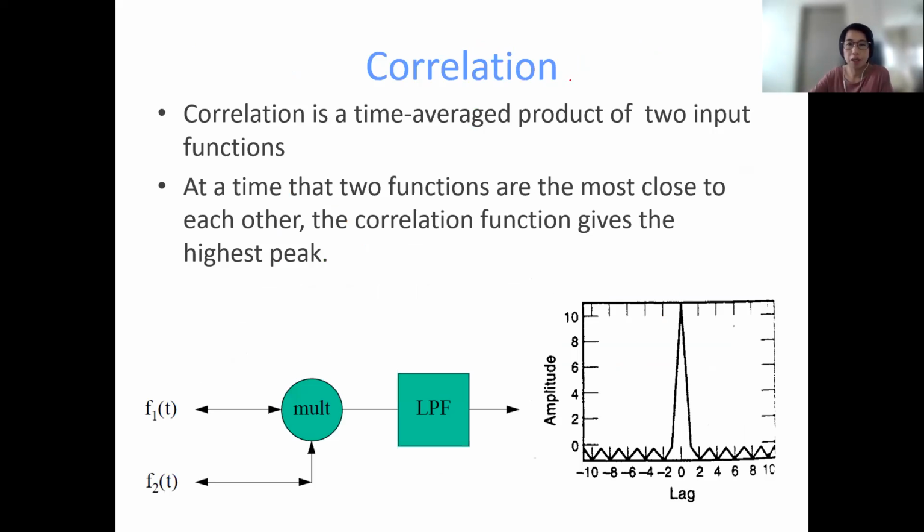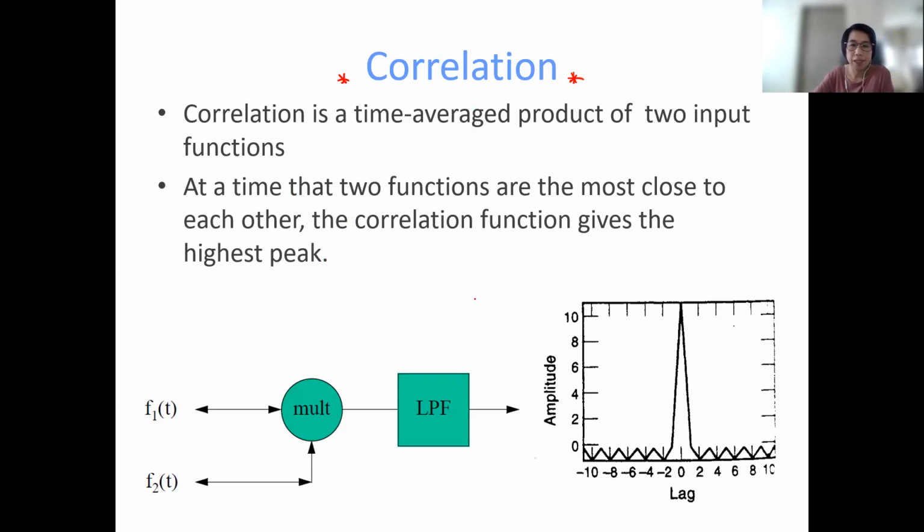The concept of a correlator is to do correlation. Correlation means that you compare two things. If they are very, very similar to each other, you are sure that these two are the same.